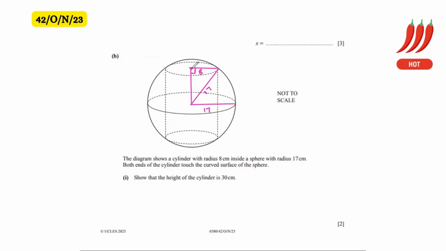So using Pythagoras, we can find the height. 17 squared minus 8 squared equals x squared. So that's 225. Take the square root of that. That's 15. So height is going to be twice of x. That's 2 times 15, and that is 30 centimeters.